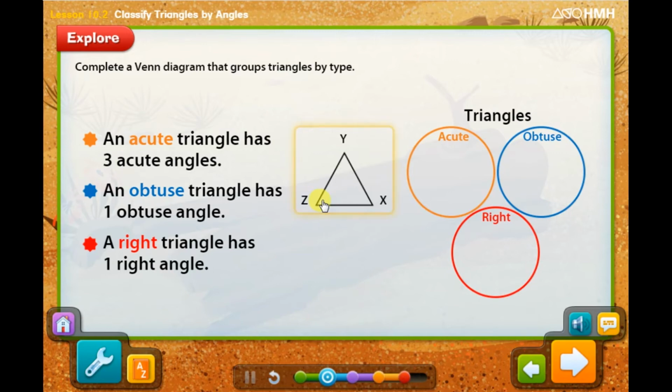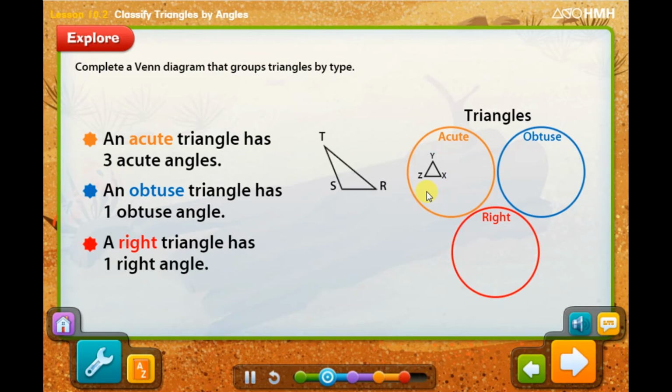So in this case we have 3 acute angles, so this triangle is an acute triangle, so we will put it in this circle. Triangle YZX has 3 acute angles. What kind of triangle is it? Acute. So it is an acute triangle. It belongs in the orange section of the Venn diagram.